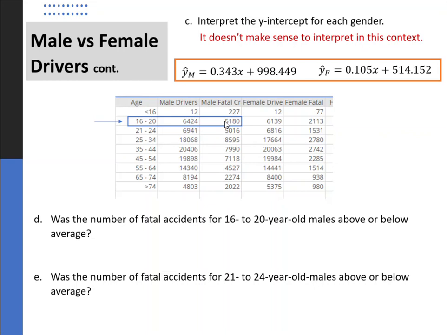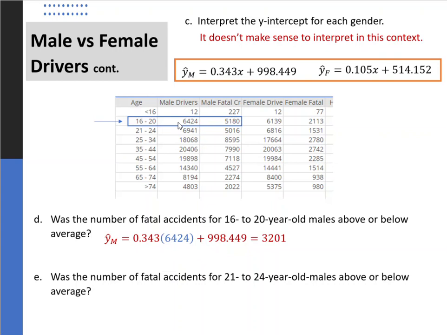In order to compare whether these male fatalities that actually happened are above or below what we expect, we need to refer back to our predictor equation from above. We're going to take the equation that predicts the average fatalities for males, and substitute in the 6424 as the number of drivers for the 16 to 20-year-olds.